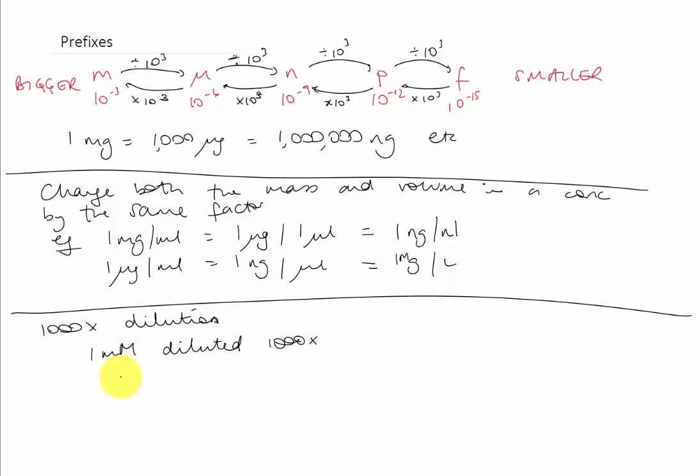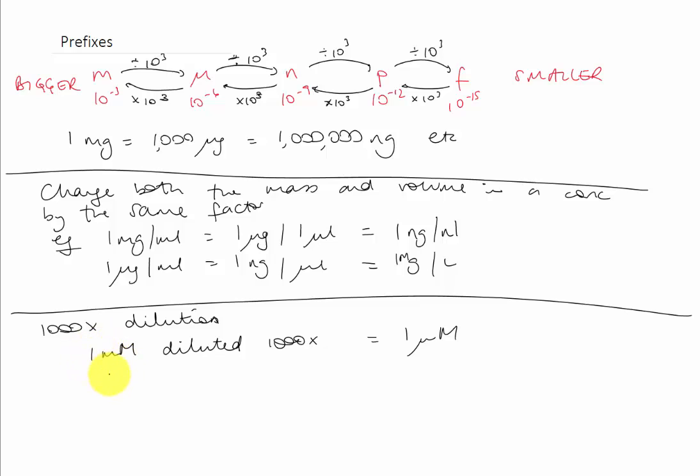So that's the same as saying 1 micromolar, because we need to make it 1,000 times less, so we go from milli to micro here. So we're dividing by 1,000, so we don't need to mess with the actual number.